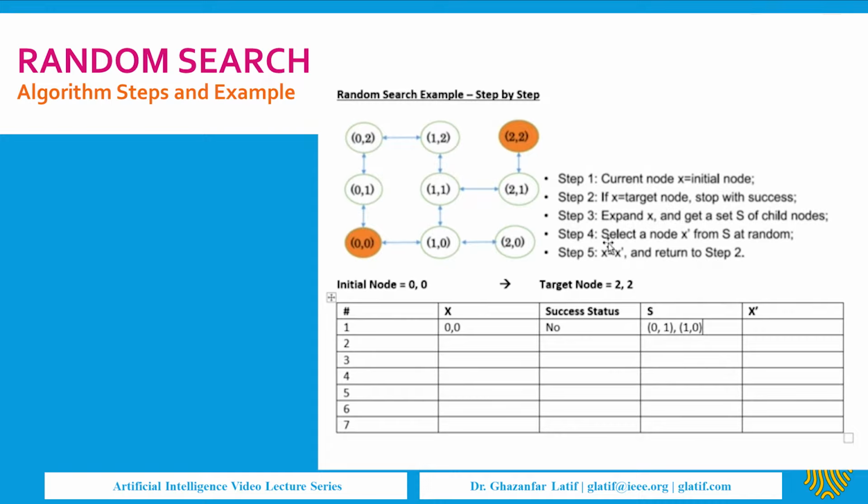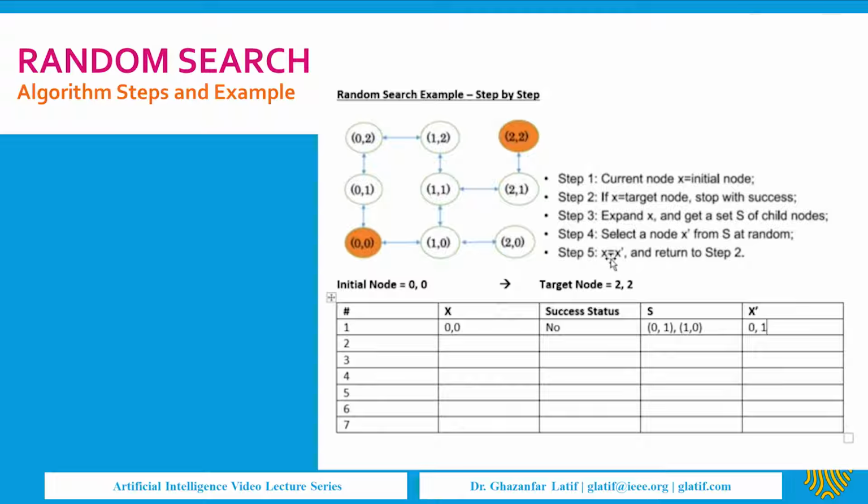Next, step number 4, select a node x prime from S at random. So in S I have 2 nodes. I will select any node randomly. Let's suppose I selected this node as x prime, so it is going to be 0 1. Step number 4 is done.